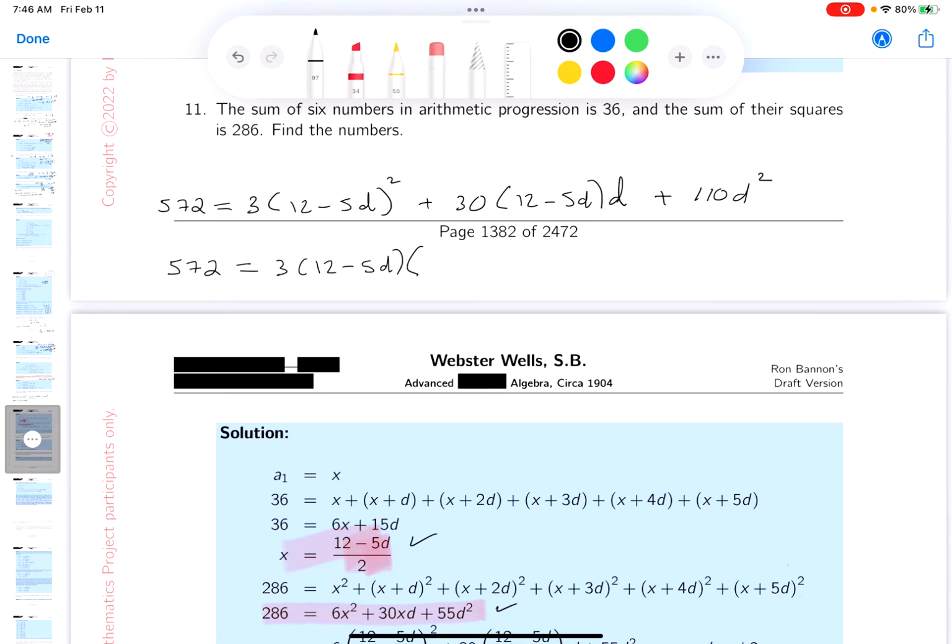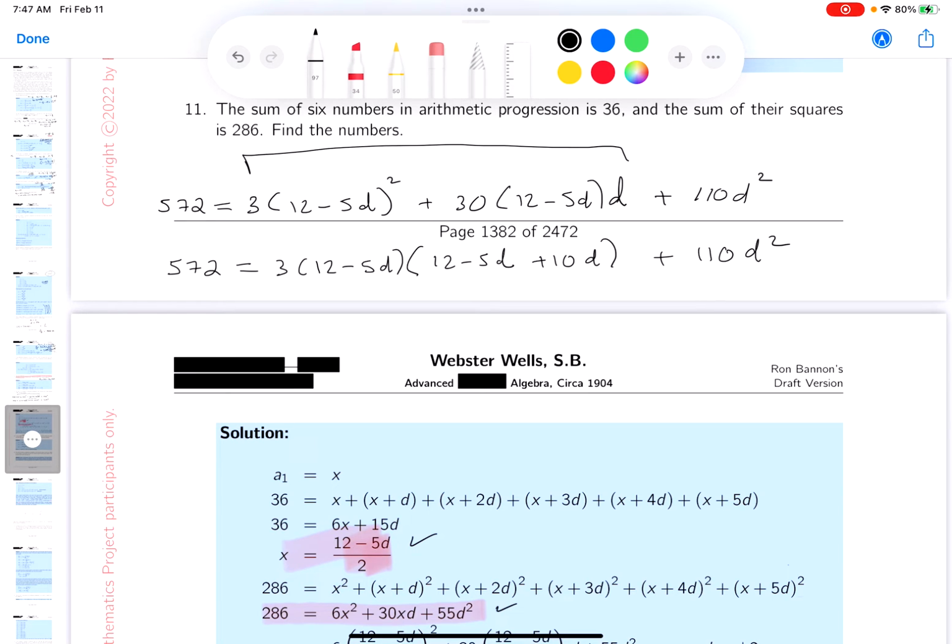Right, I'm factoring the first two terms. And what would you be left with? I'll kind of write it down. I pulled a 3 out, a 12 minus 5d. So I'd have 12 minus 5d here. I factored a 3 out and a 12 minus 5d. Well, if you factor it, you'd just be left with 10d, right? And this is going to be 110d squared.